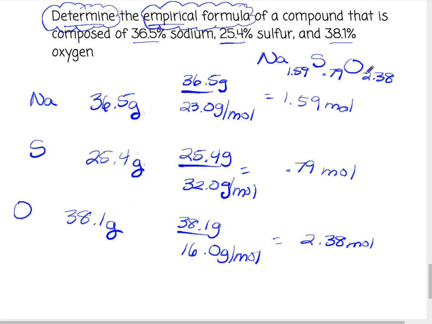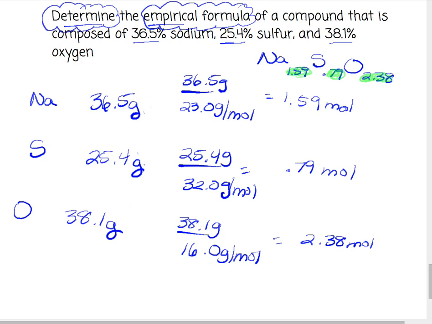Now that doesn't work for us because we're looking for an empirical formula, and the definition of empirical formula is lowest whole number ratio. These numbers are not whole numbers. They are decimals. So for step 3, we're going to divide by the smallest number there.